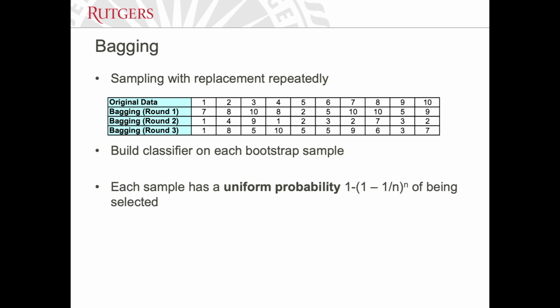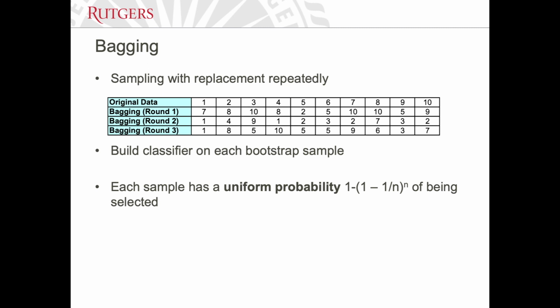Bagging, also known as bootstrap aggregating, is a technique that repeatedly samples data with replacement from a dataset according to a uniform probability distribution. Each bootstrap sample has the same size as the original data.